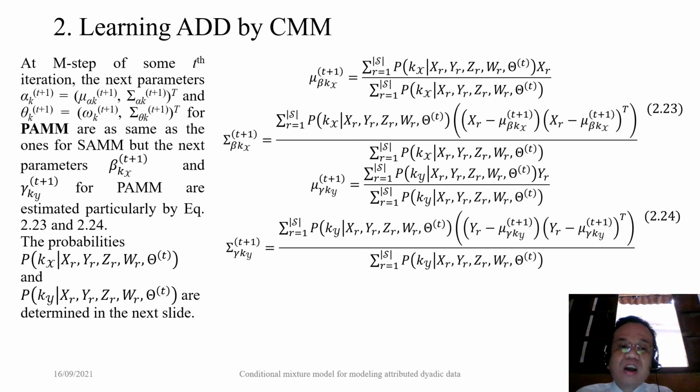At the M step of the t-th iteration, the next parameters for PAMM are the same as the ones for SAMM, but the next parameters for PAMM are estimated particularly by equations 2.23 and 2.24. The probabilities P of Kx and P of Ky are determined in the next slide.